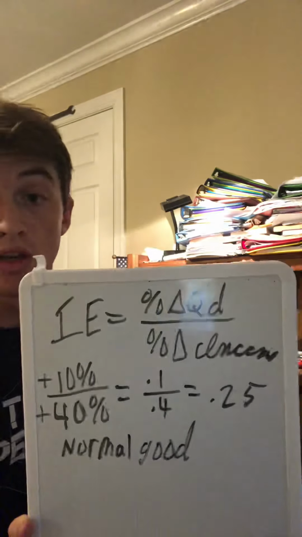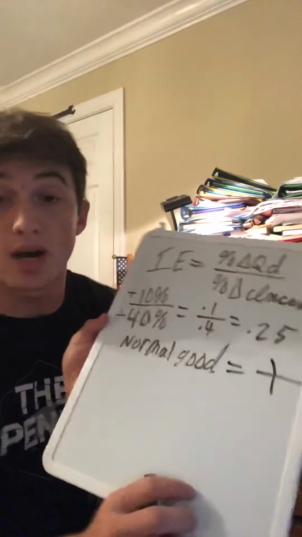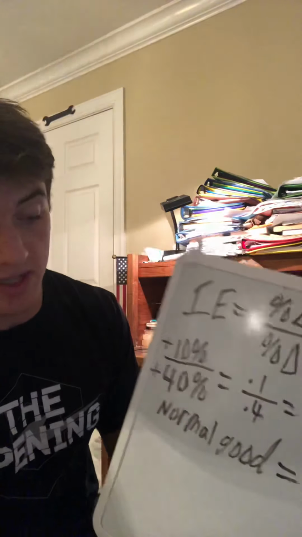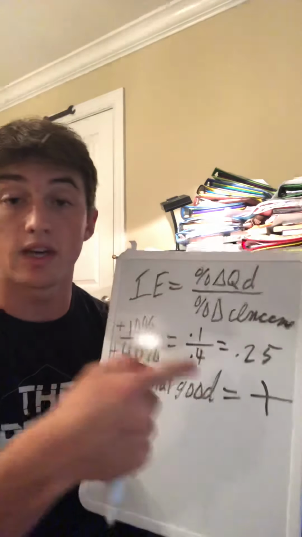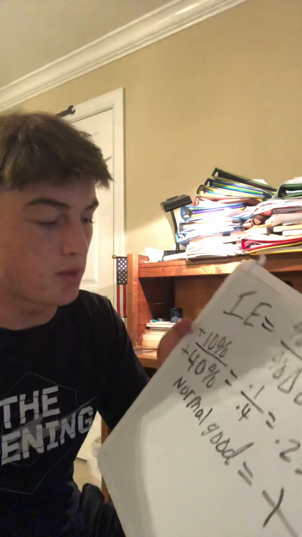If it went down 10% and down 40%, it would still be a normal good because they're moving in the same direction, and a normal good is always positive. Negative divided by a negative is a positive. Positive divided by a positive is a positive as well. So if it's positive, it's a normal good. And this could also be relatively income elastic if the numbers were switched around. Say it was 0.4 over 0.1 this time. You would get 0.4 divided by 0.1, which is 4, relatively elastic.